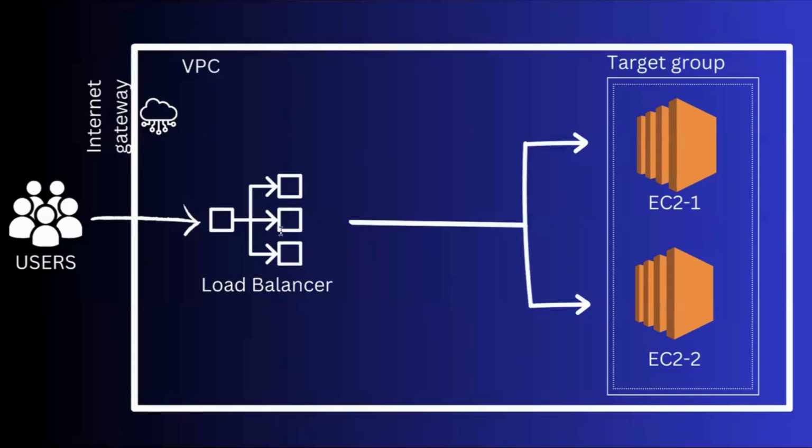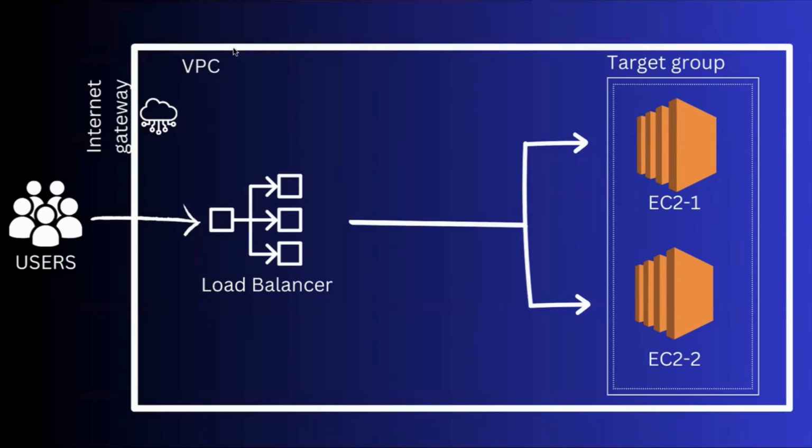The load balancer sits between the users and the EC2 servers. In this case, EC2 instances are acting as our servers. Now, what it does is that it receives incoming requests from the users and distributes them across these servers in the target group.